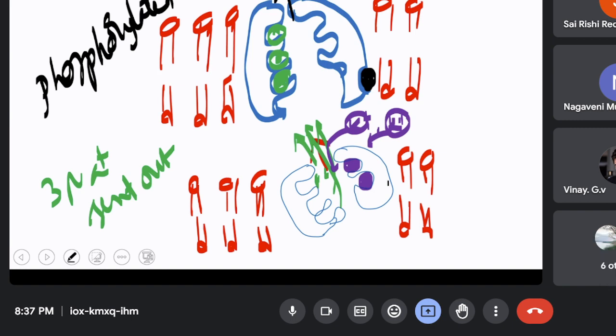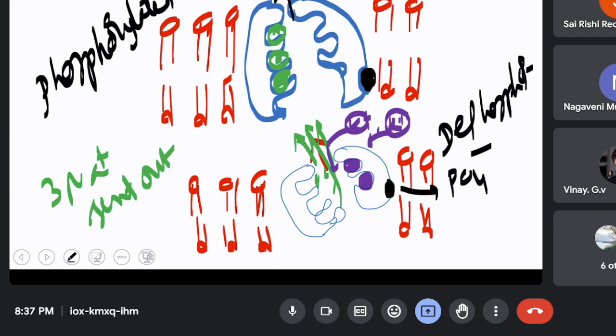It is still in the phosphorylated form. Now this phosphate is removed. That means it undergoes dephosphorylation.